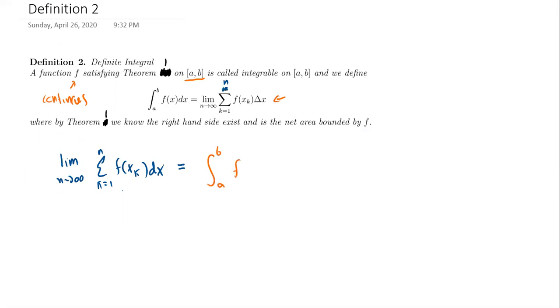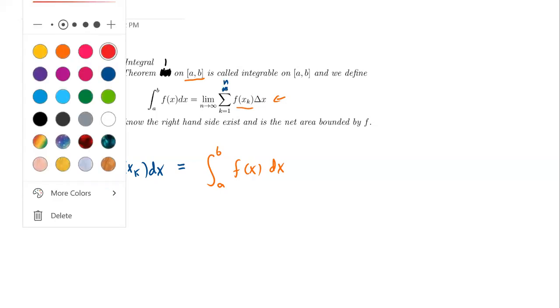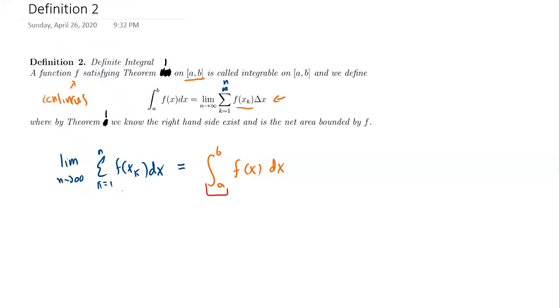Then the function, so that matches what's going on here. We know what is bounding the area, and then the change in x, we just write as dx. Now it makes a little bit more sense where this notation comes from. Think of this part as getting all of this information, including the interval.